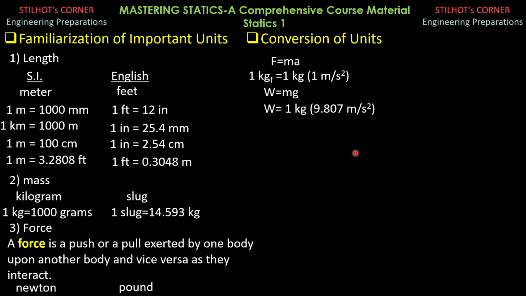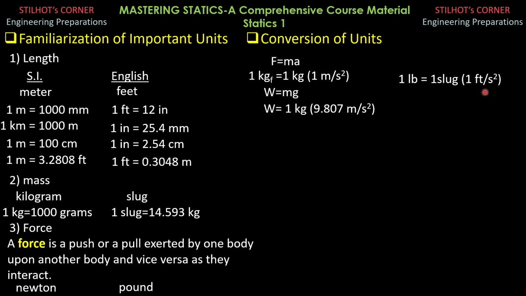Then take note that 1 pound, from this expression, is 1 slug times 1 foot per second square. So force in the English system is the value when a unit mass in slug accelerates by a unit acceleration, which is 1 foot per second squared.